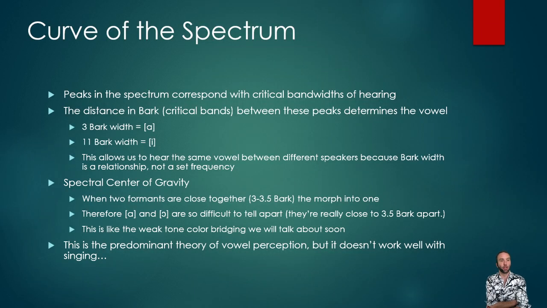So first, talking about the curve of the spectrum. The curve of the spectrum deals with how the peaks in the filter work. Remember, we had the glottis opening and closing, cutting off the air, creating the rarefaction, and the pressure difference between the rarefaction and the compression creates the sound wave that perpetuates through the medium, right?